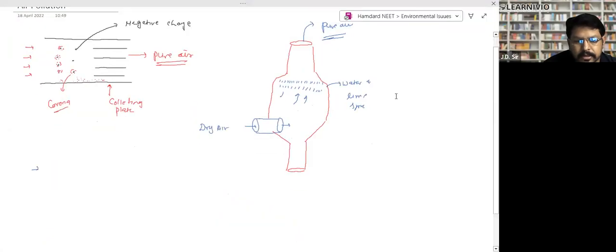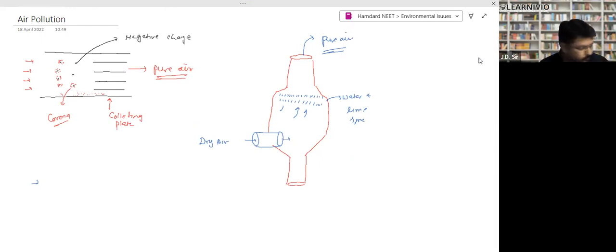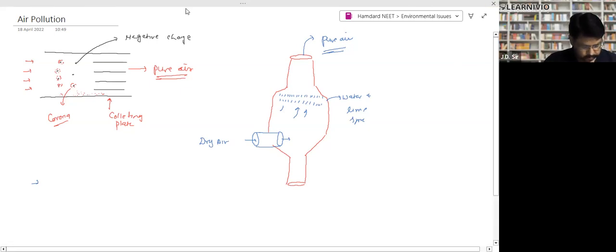There are some environmental issues. Let's take a look at the environmental issues. So, are you aware of electronic precipitators, scrubbers and electronic precipitators?